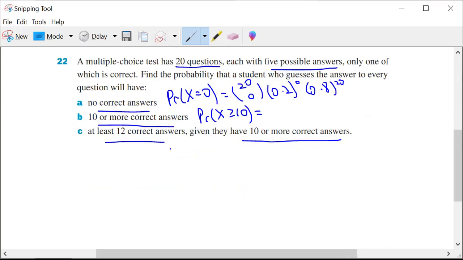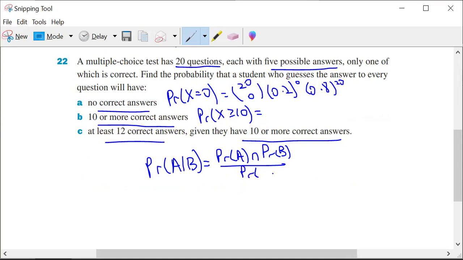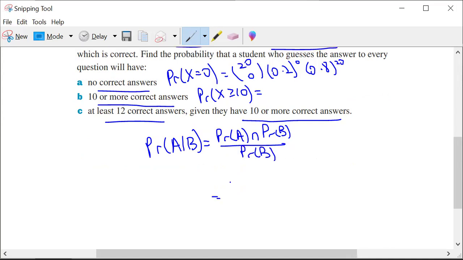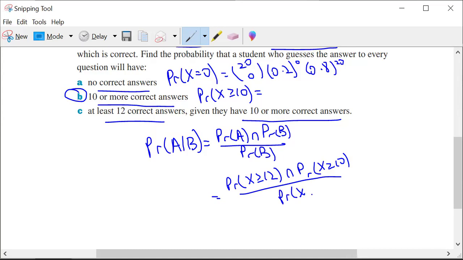So if we recall our conditional probability, the probability of A given B is equal to the probability of A intersect B over the probability of B. In this case, A is X bigger than or equal to 12, intersect with B, which is X bigger than or equal to 10, which is our answer from part B here. And then over the probability of X bigger than or equal to 10.